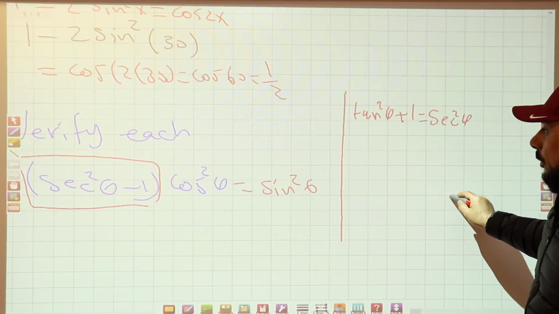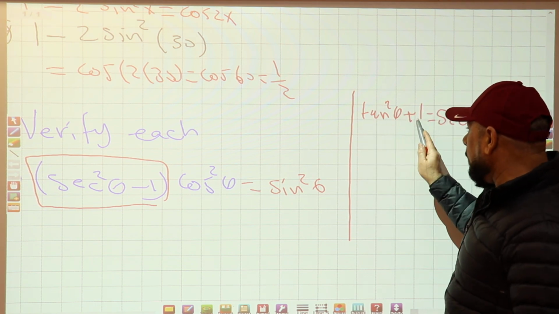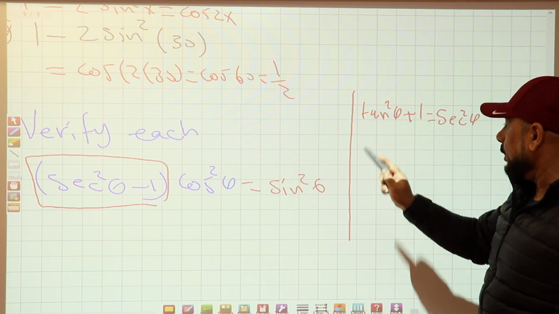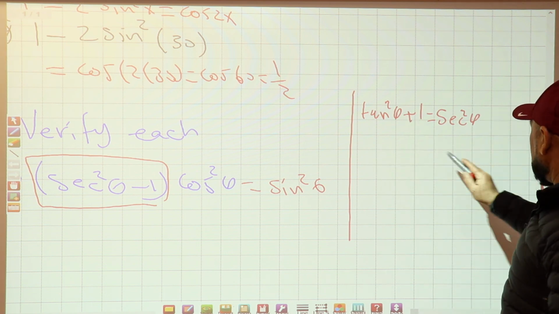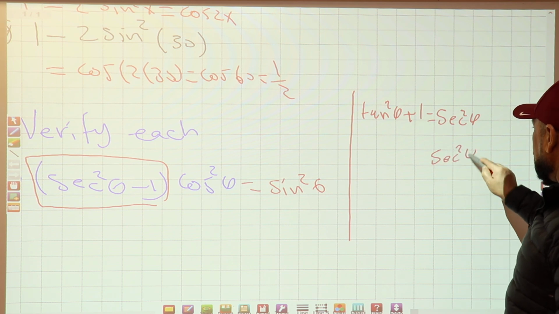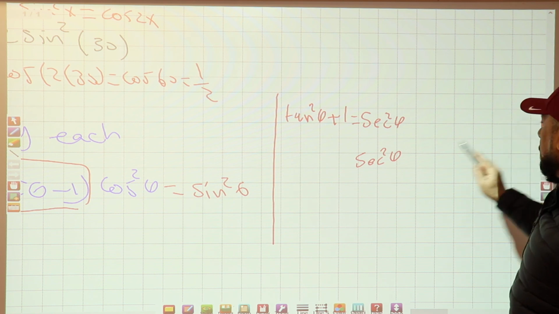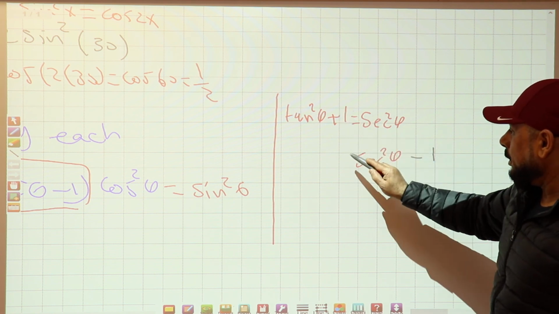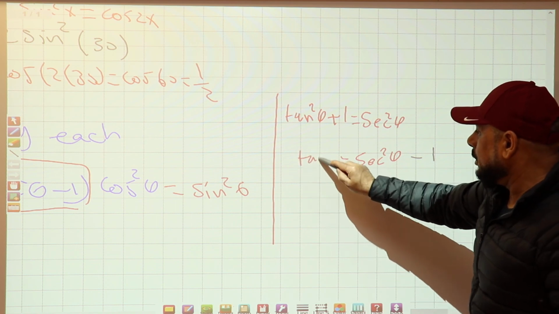You have to know this one. What we did here is move the 1 to this side: secant squared theta minus 1, and on the other side we are left with tan squared.